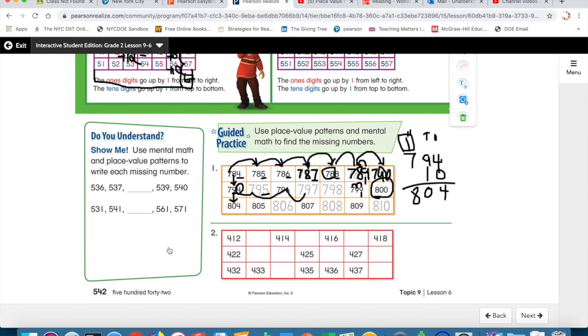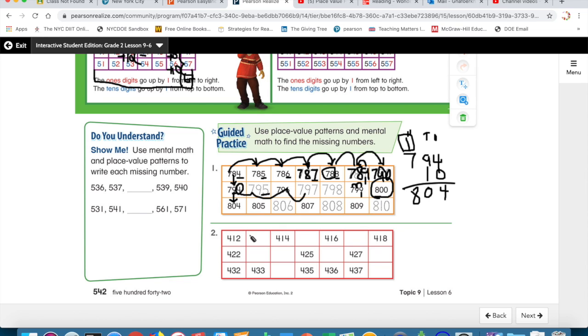So we're going to try question 2 together, and then you're going to try it on your own. Okay? There are some strategies here that are going to help you. The first thing is we're going to fill out everything to the right. So starting at 412, if we are going to the next number to the right, what does not change? My number in the what?